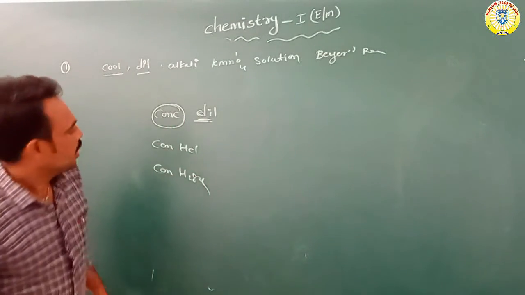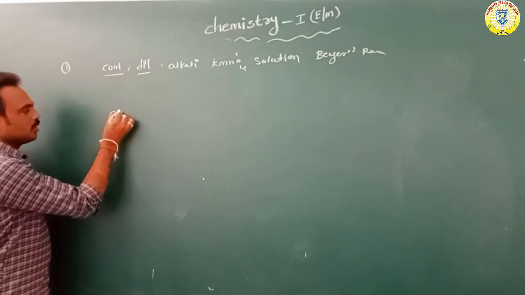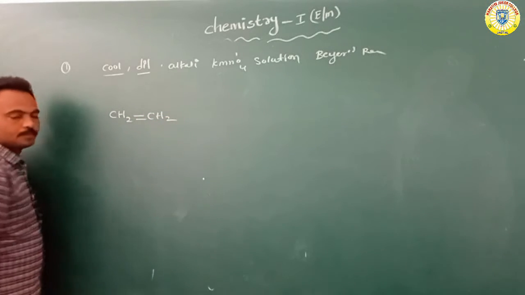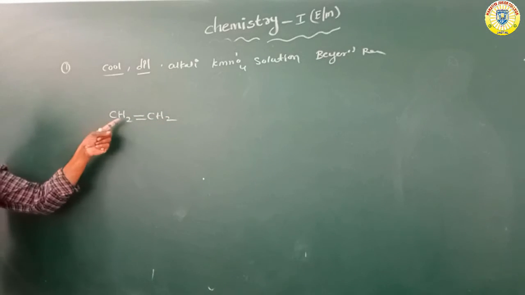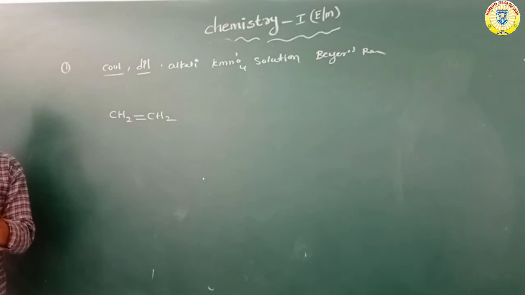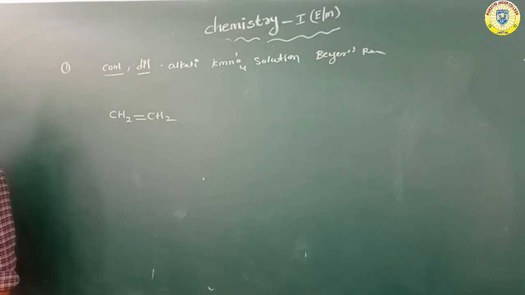Now we have taken CH2 double bond CH2. So what is the name? It is ethene or ethylene.